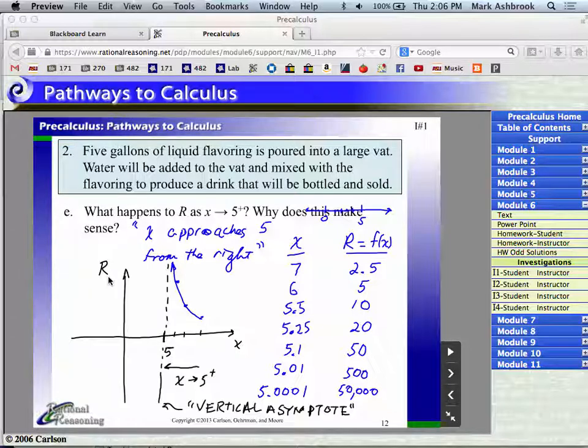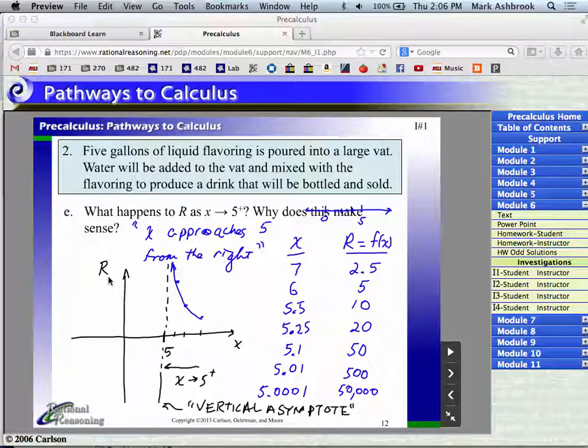When you have 5.1 total gallons, 5 is flavoring and 0.1 is water, so you have 50 times as much flavoring as water. So as the total gets closer and closer to 5, the water is so small that the ratio goes really high, because there's so much flavoring relative to the very little water.